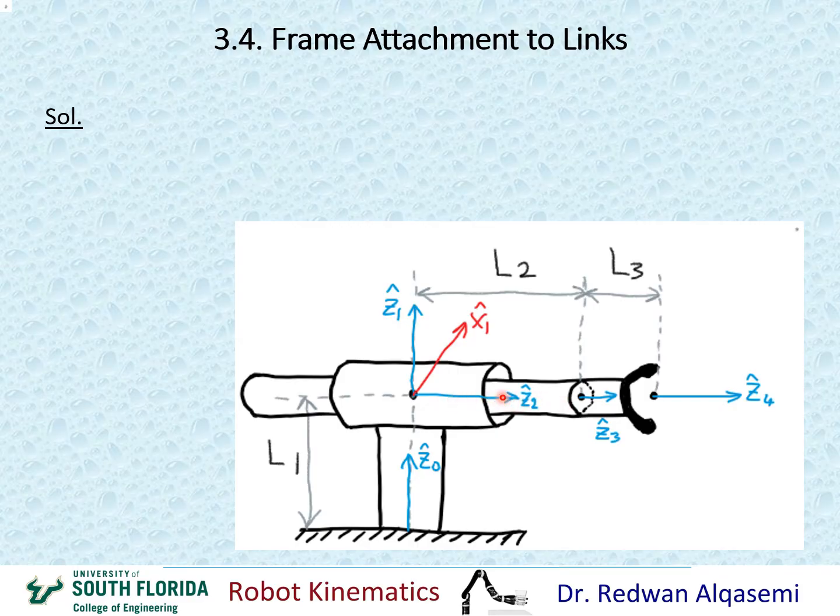So I can make the x-axis here in this direction or in any direction as long as it's perpendicular to this line, and I can also initiate it at any point along this line. Because Z2 and Z3 are the same line, they have infinitely many points of intersection. So I can literally put x2 anywhere along this line, which would make the origin of frame 2 for me. And then from that origin I can put x2.